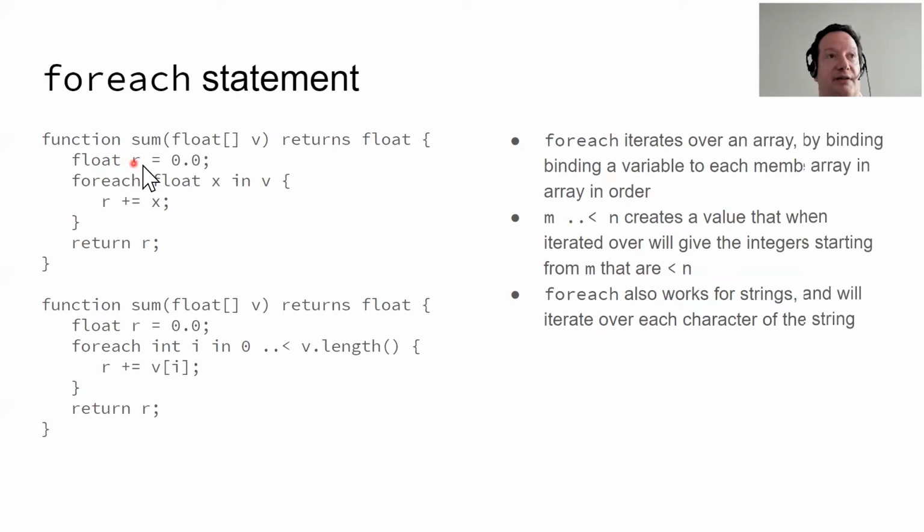So that's the easy way if you just want to get each member of the array in turn. But sometimes you want to access arrays by getting each index in the array. And you can do this by using this construct. This syntax here is a range operator, which comes from Swift, in fact.